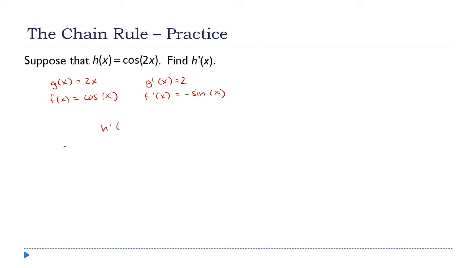So h prime is f prime of g of x times g prime of x. G of x is 2x, g prime is 2. So this is minus 2 sine 2x, which is kind of what we expected after the last one, I think.